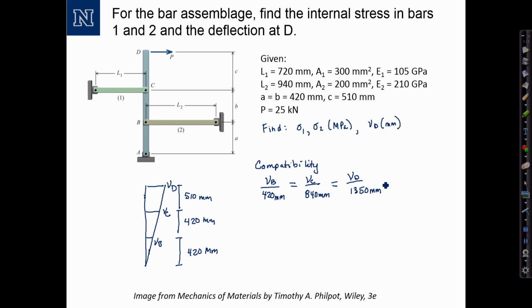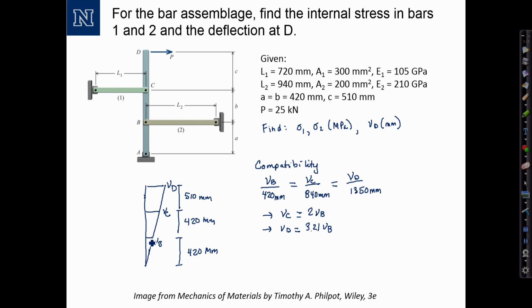Okay, and based on this, I can make a couple of observations. First of all, that V sub C equals 840 over 420, or 2 times V sub B, and I also observe that V sub D equals 1350 over 420, or about 3.21 V sub B.